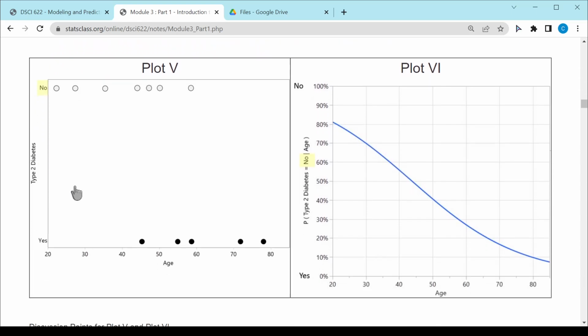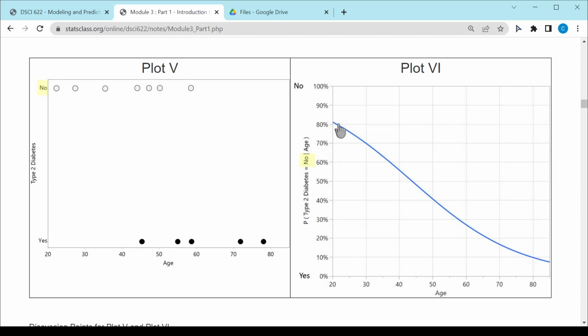Here, what I've done is just showed you that you don't have to model the chance of somebody getting diabetes. We could determine the probability of somebody not getting diabetes. Now this is very much the same, it's just that I'm going to put the no group on the top and the yes group on the bottom.